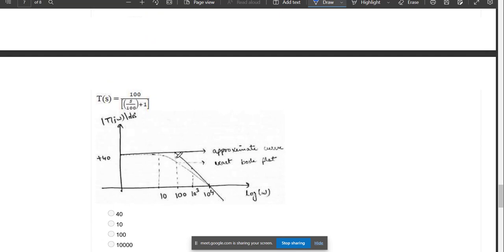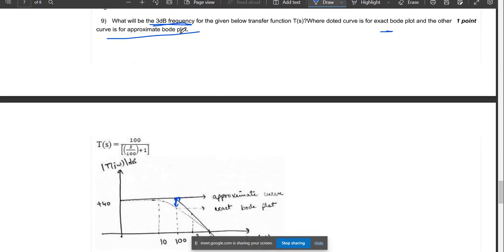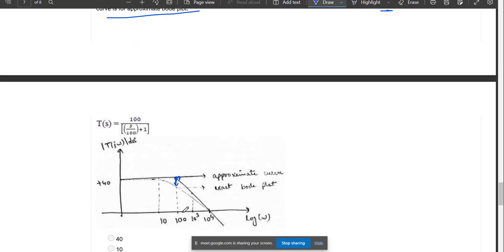Now it's asked what is the 3 dB frequency. 3 dB means here the exact and the approximate plots have a difference of 3 dB. So what is the frequency at 3 dB? What will be the answer?